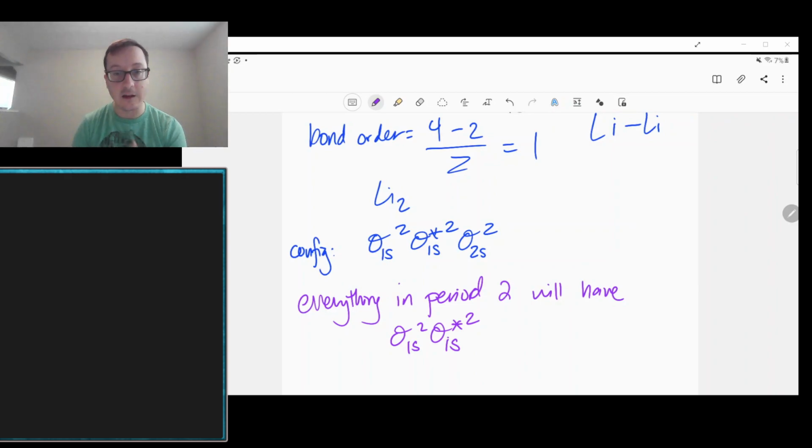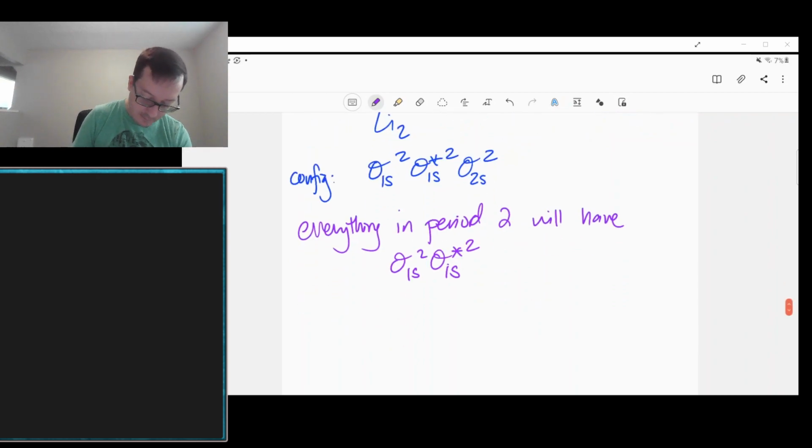Everything will have those two filled, right? So their 1s electrons are core electrons. They're not going to really be participating in bonding. So we're just going to forget about them. So we're going to ignore the 1s electrons.